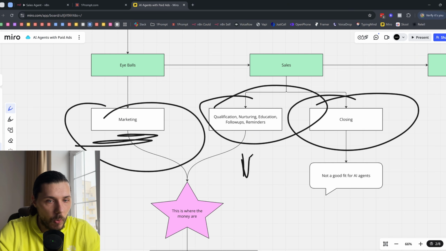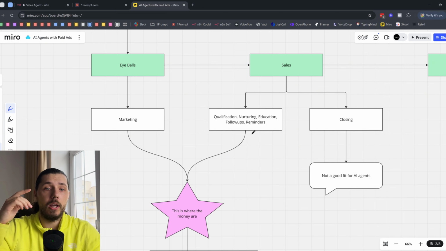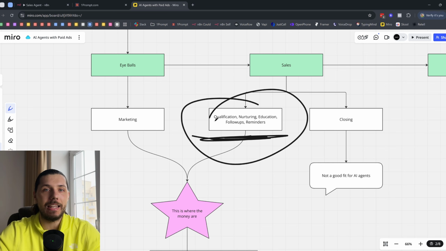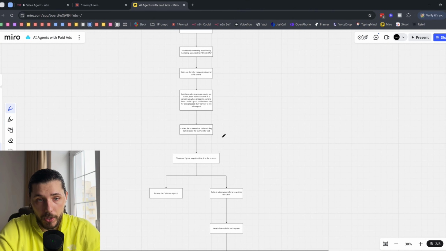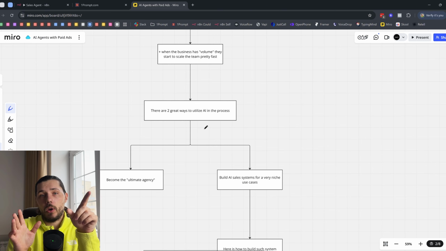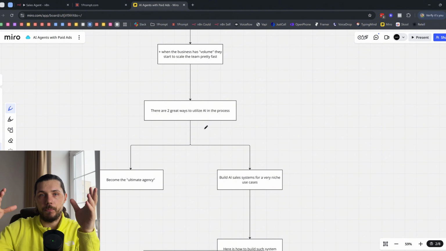So this is where a lot of leads are getting missed, or businesses overpay the closers and salespeople to work on that side of the sales cycle, which they should not handle, and they should focus on what is the most important for the business, right? So basically, we have two ways to utilize this inside the process and to actually make money.